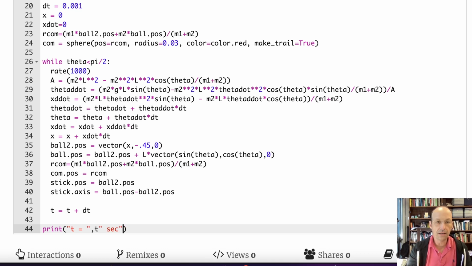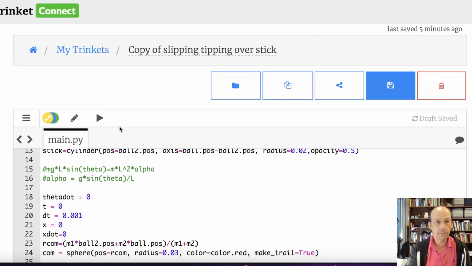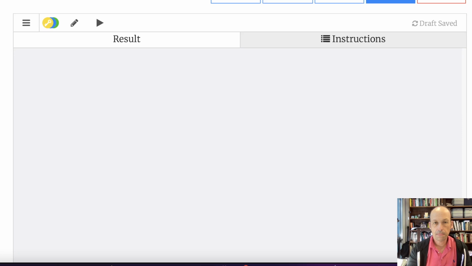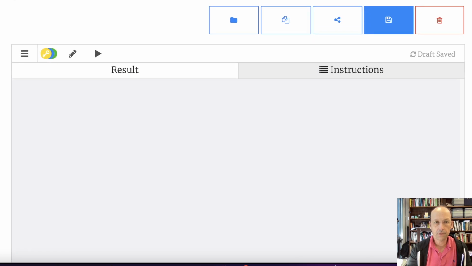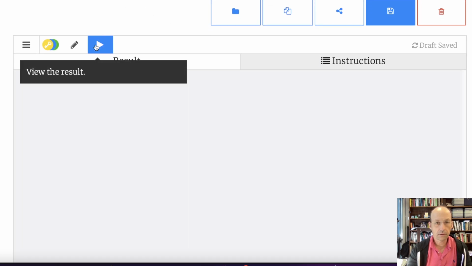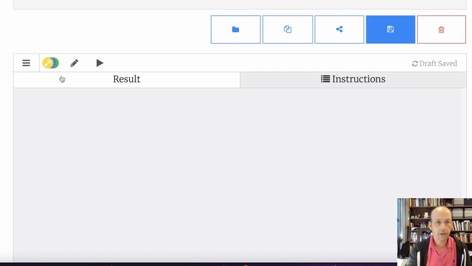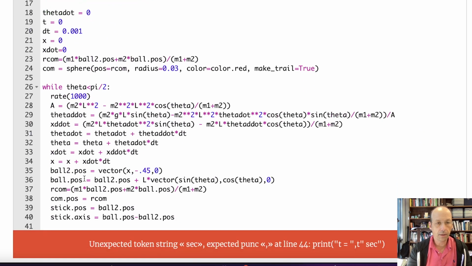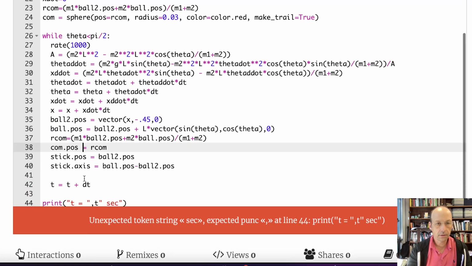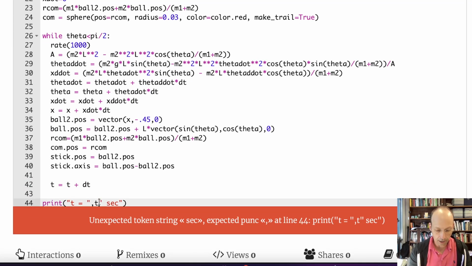Let's see if I get a different value than what I got last time. Why isn't it running? Oh, I didn't put a comma. All of that over not having a comma. That's great. Okay, T, comma. Got it.